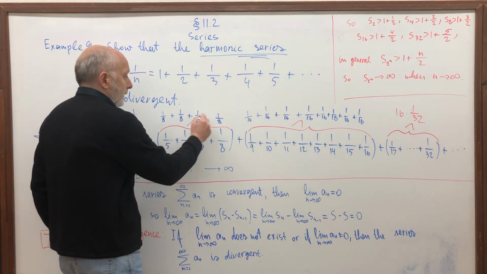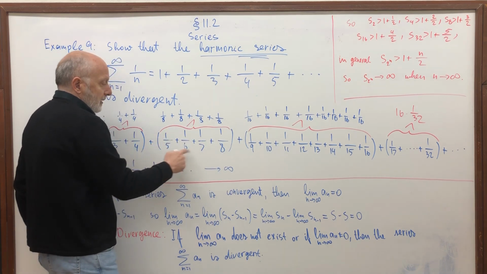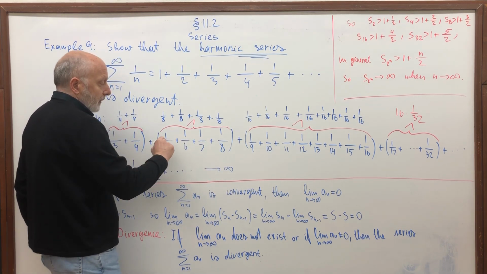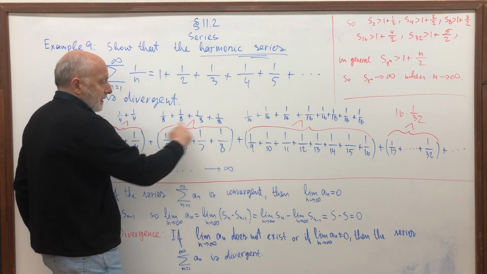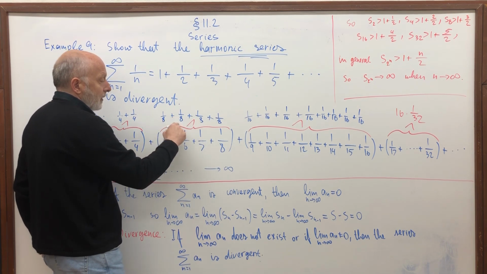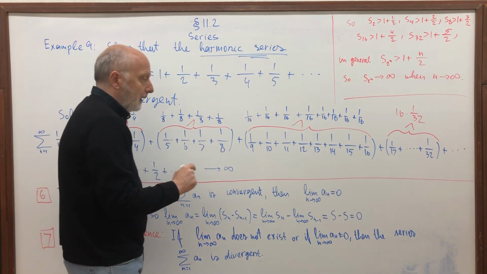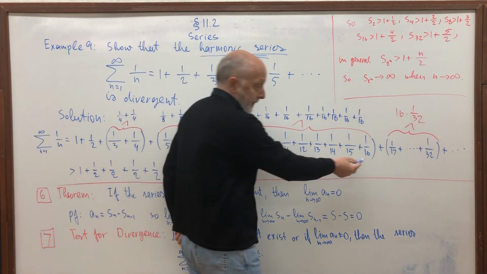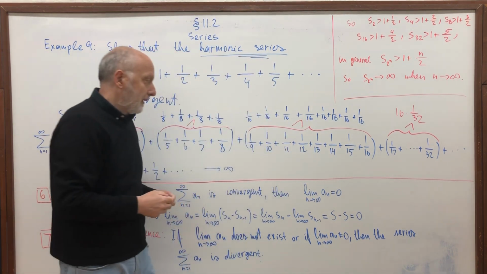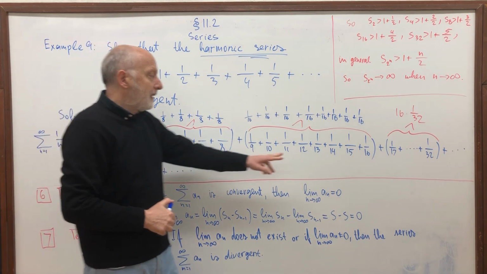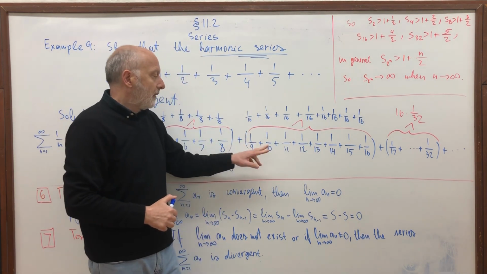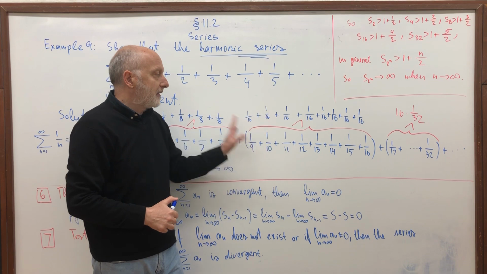So if you replace each term by 1 over 8 in this group, we get that this sum here is more than 1 over 8 plus 1 over 8 plus 1 over 8 plus 1 over 8, 4 times, which is more than 1 half. Next group, which contains 8 terms, I replace 1 over 9 by 1 over 16, 1 over 10 by 1 over 16 and so on.